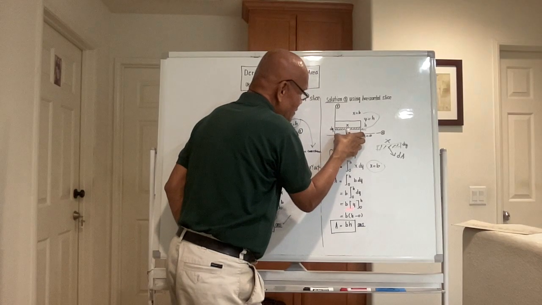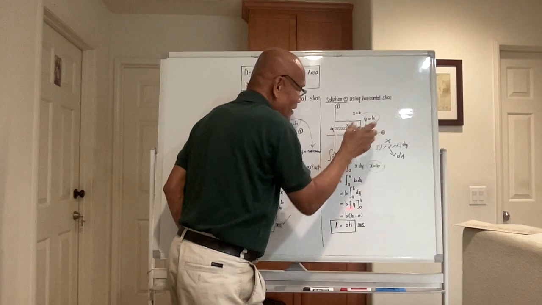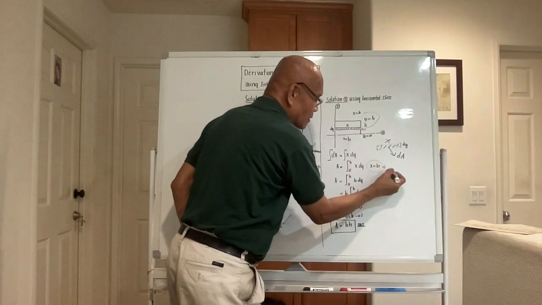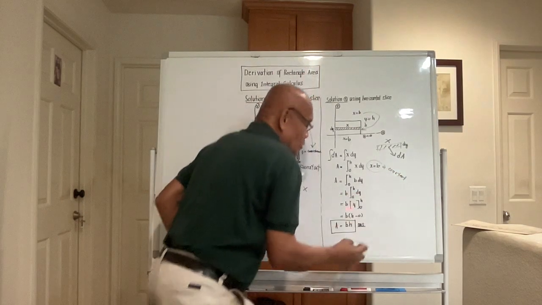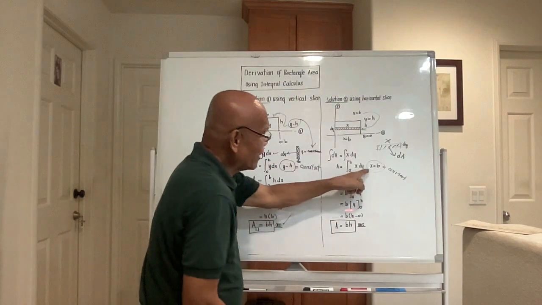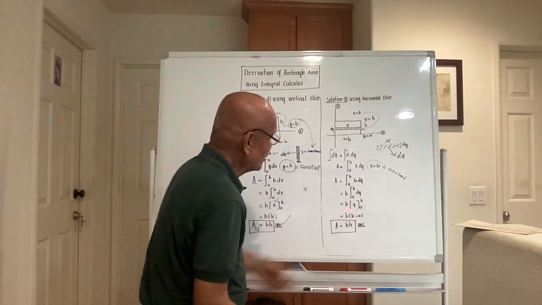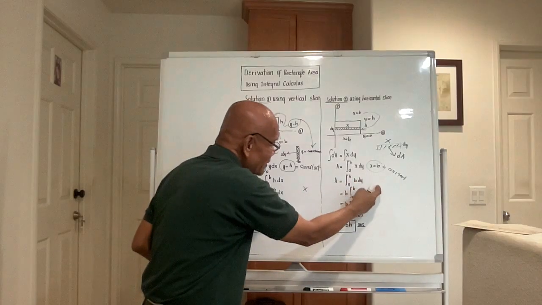X here is base, x here is base, x here is base. So luckily, x is equal to base, and it is constant. So instead of placing x inside, we could replace x by small letter b, the base of the rectangle. So it will become the integral from 0 to h of b dy.